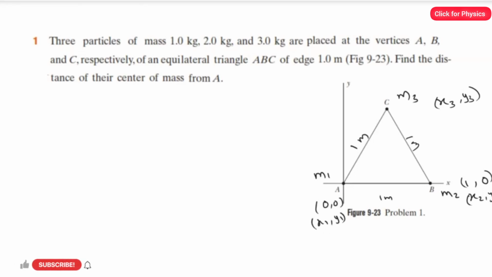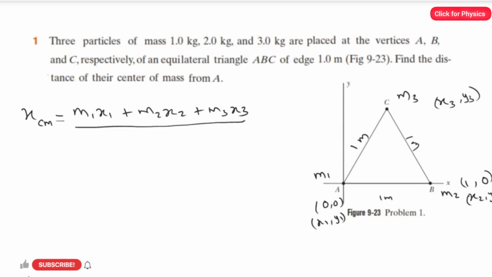And then we have to substitute these values in the formula for finding the center of mass. So what is the formula? The x center of mass, where CM stands for center of mass, is given by the rule: x CM equals M1 x1 plus M2 x2 plus M3 x3 divided by the total mass, which is M1 plus M2 plus M3.